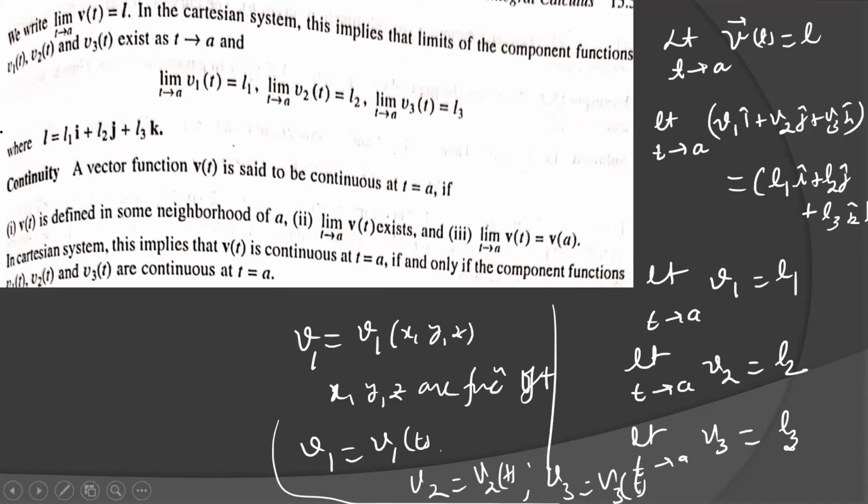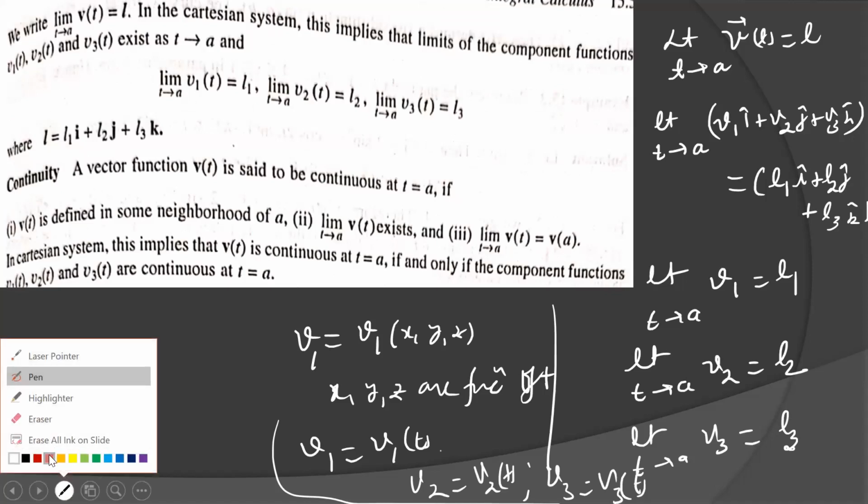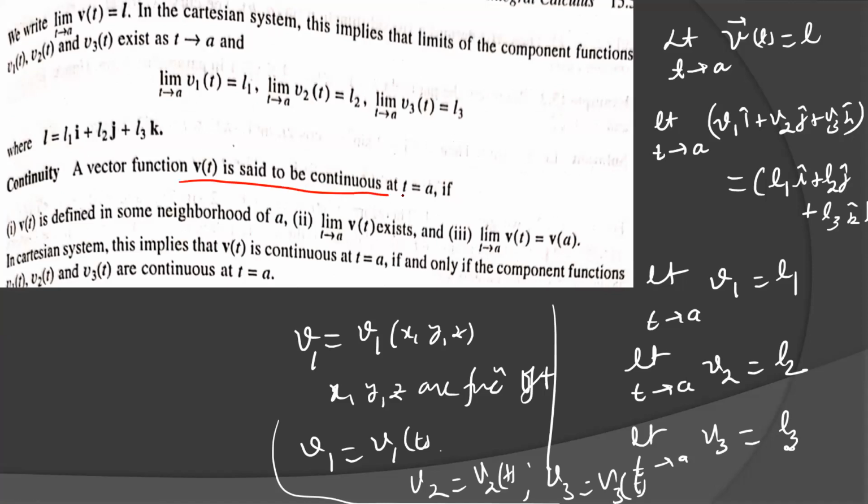Continuity. A vector function V(t) is said to be continuous at t equal to a if V(t) is defined in some neighborhood of a, the limit as t tends to a of V(t) exists, and the value of the limit is equal to the value of the vector function at the point t equal to a.